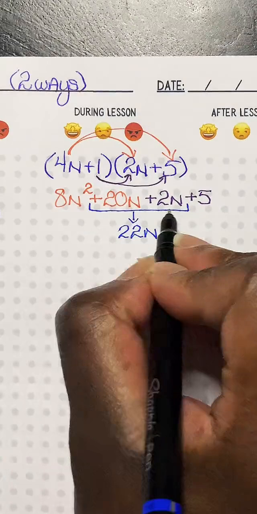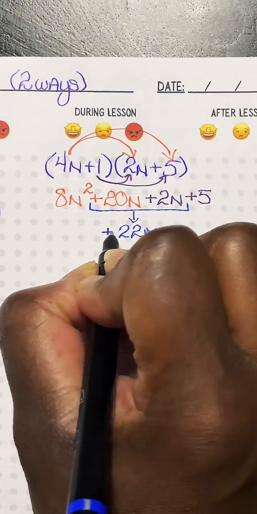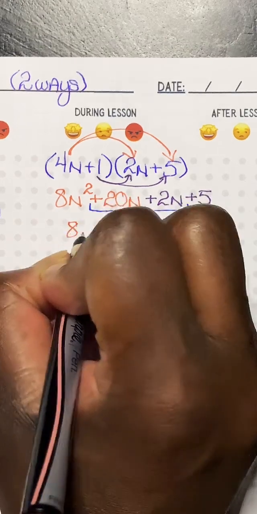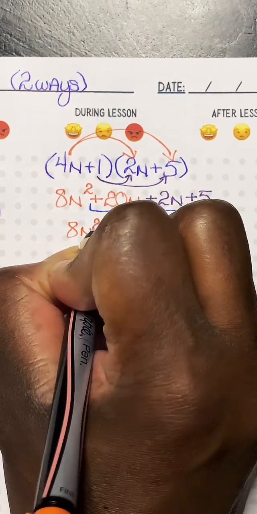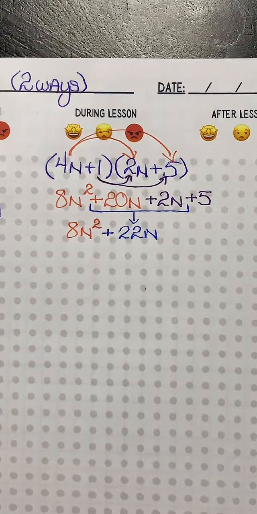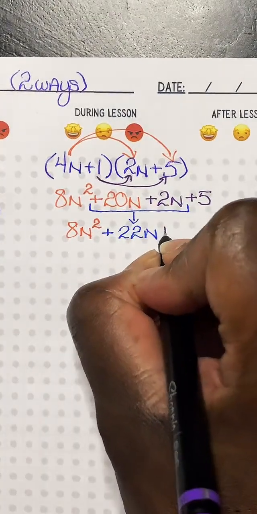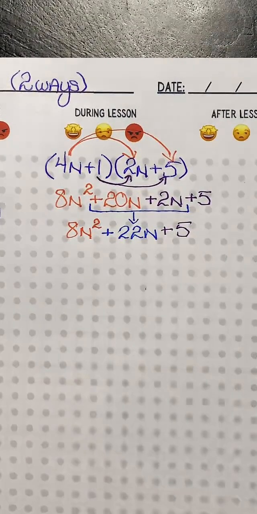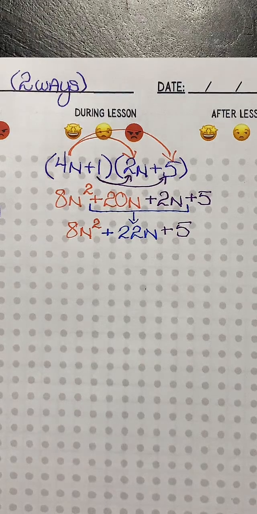So since this is a positive 22, we're going to put a plus sign in front. We bring down our 8n squared. And then we also bring down the plus 5. So now if you take a look, you have 8n squared plus 22n plus 5.